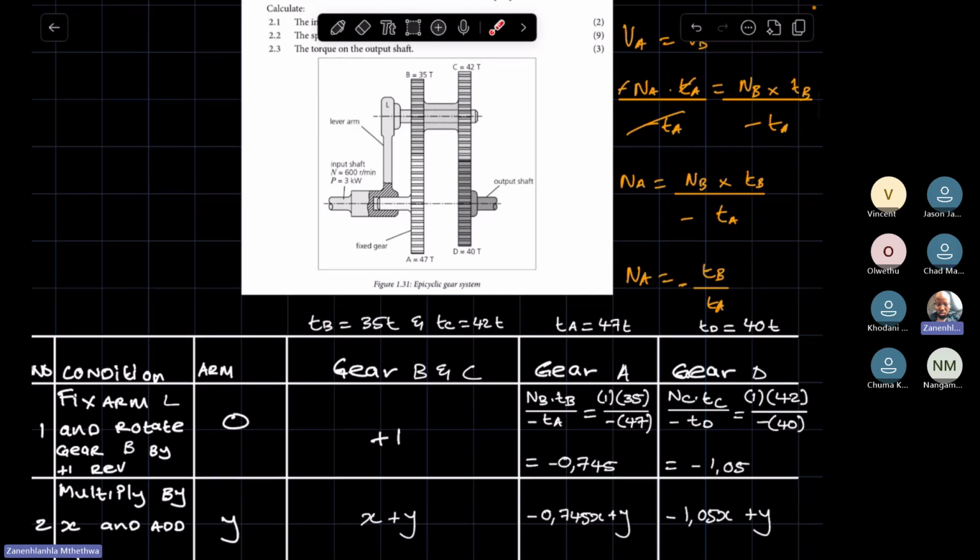In terms of number of teeth, that will be TB over TA times TA over TD. With this one, we can't express this in terms of number of teeth only. Why? Because gear C only meshes with gear D. It doesn't mesh with another gear.